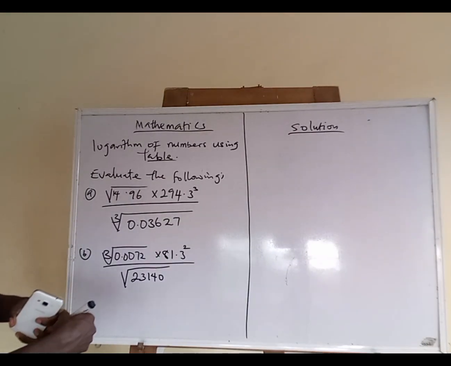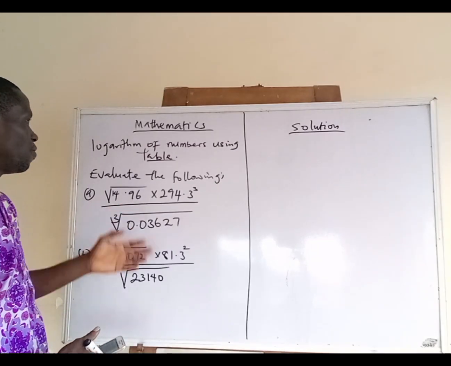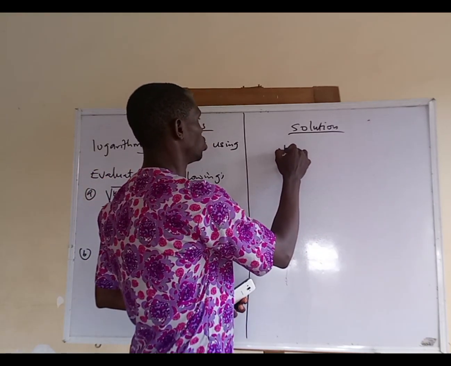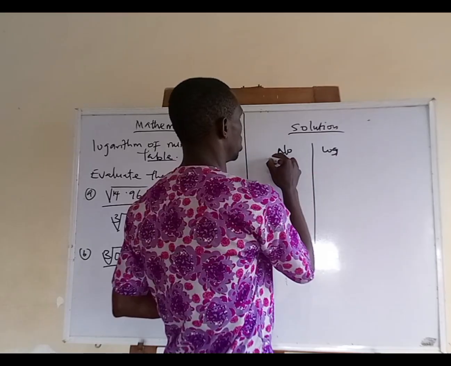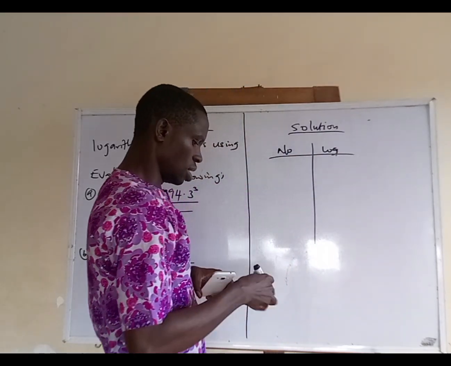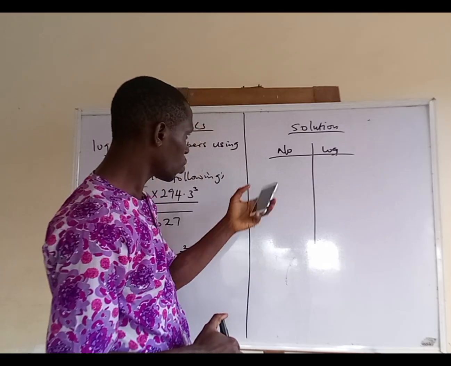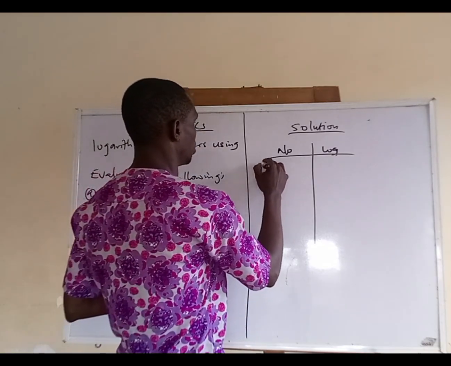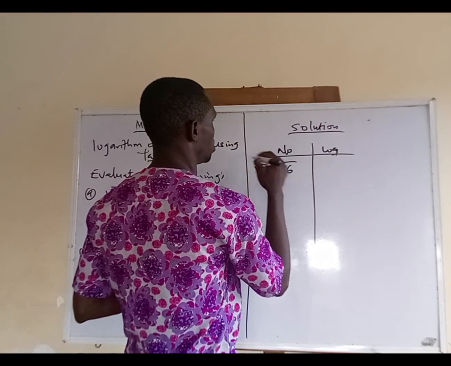Alright. Now when you have a question like this, without wasting much of our time, the first thing is we write our number and our log. Number and log. So you demarcate it. So you write the number, square root of 14.96.